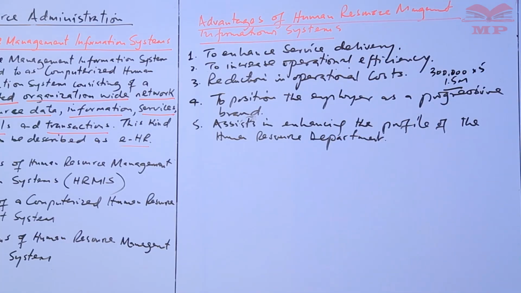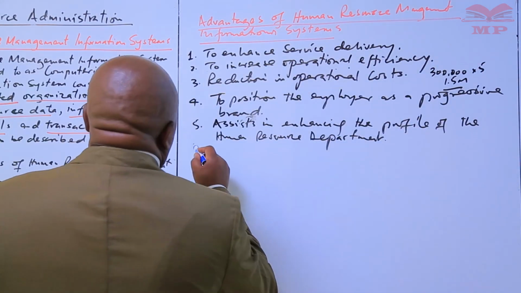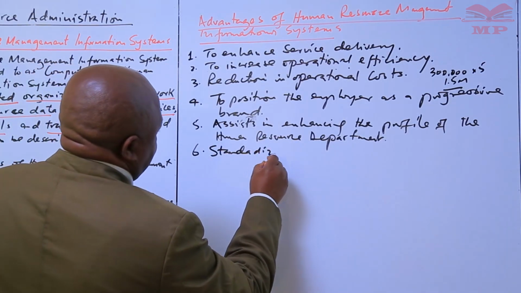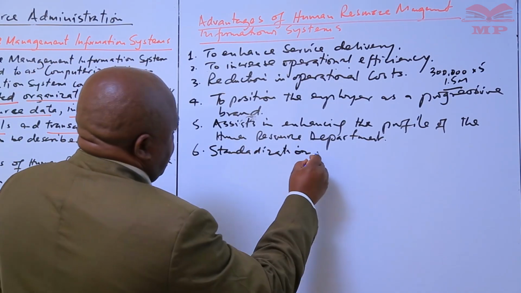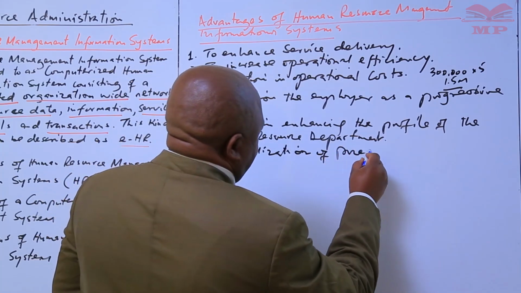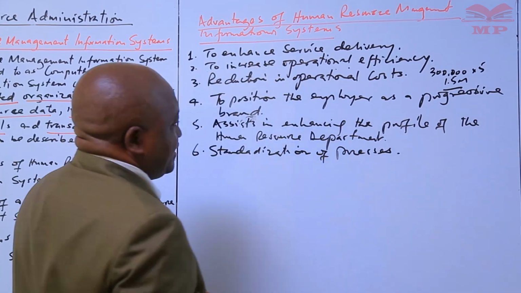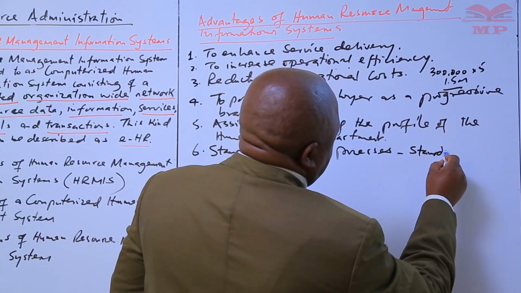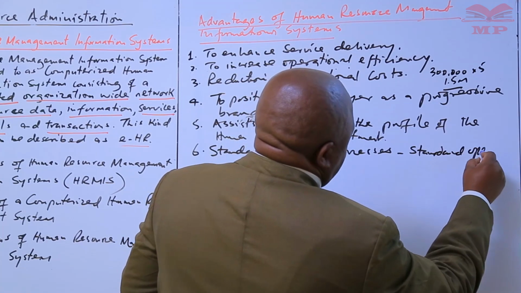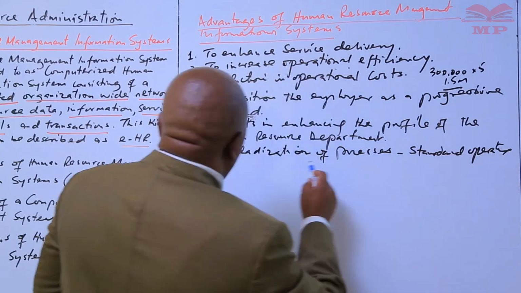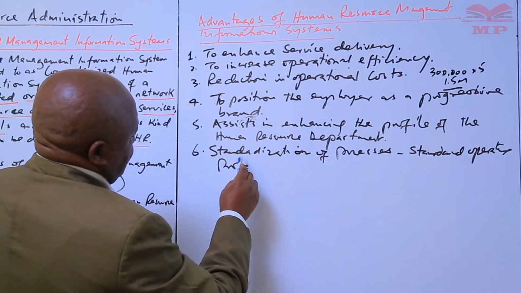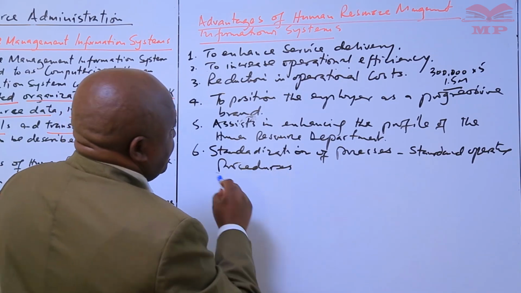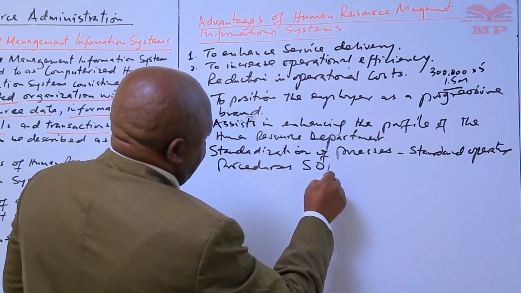Then there is the element of standardization of processes. Now, some organizations have what they call standard operating procedures. Sometimes they call them SOPs.